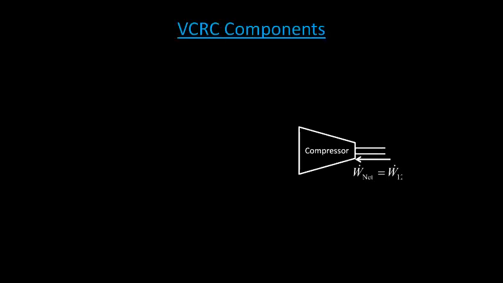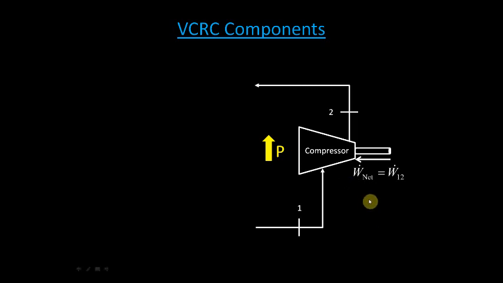If we move further to the components, first we have the compressor, which pushes or forces a vapor refrigerant through the compressor when work is applied to state 2, increasing the pressure. The pressure at state 2 is greater than the pressure at state 1, and the temperature at state 2 is greater than temperature at state 1, providing us with a superheated vapor refrigerant.